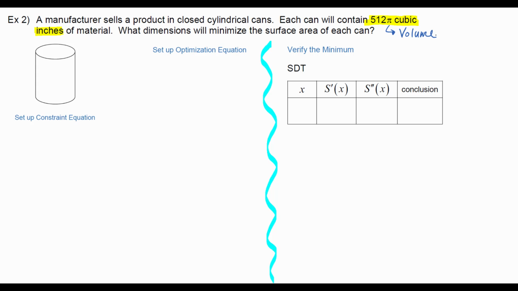Now, what dimensions will minimize the surface area of each can? So again, I have to find the dimensions of this can. However, this time I'm trying to minimize the surface area. So my optimization equation has to be the surface area of a cylinder, and my constraint equation is the volume.